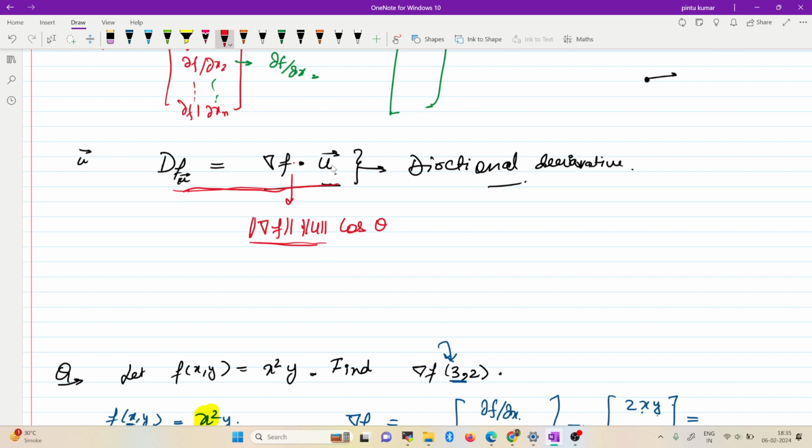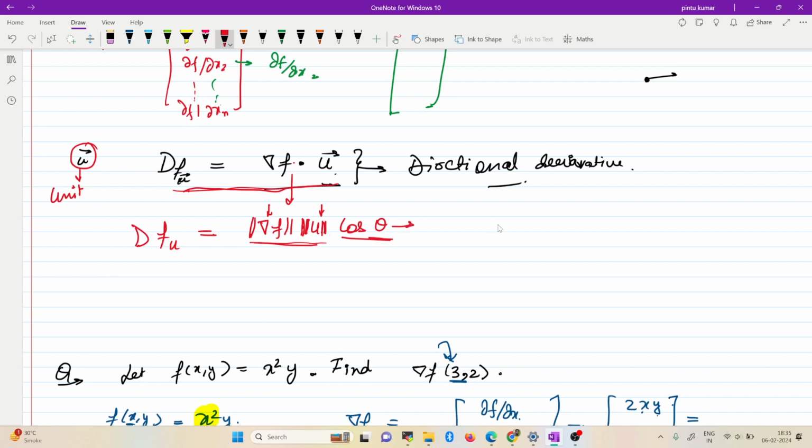One more thing, the u, we can assume this to be unit vector because we are just talking about directions. All the directions can be represented by unit vector only. So if you want to increase this directional derivative, norm u won't contribute to that, grad f won't contribute to that. The only thing that we can tweak or optimize is our cos theta.